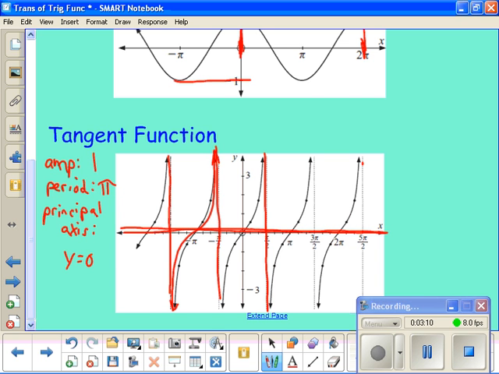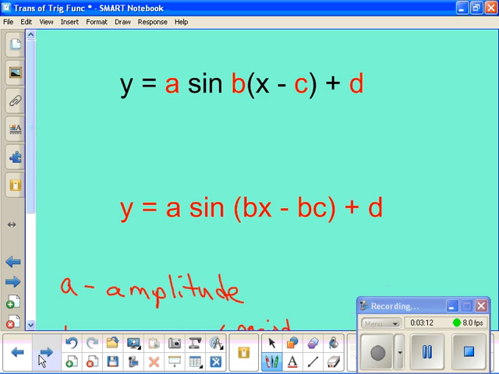So, a few things you should have learned yesterday, but before we get to that, there are 2 forms of the trig function. There is one where b is outside the set of parentheses, so it's the sine of b times x minus c, plus d. Or sometimes you'll see it with the b value distributed inside the parentheses.